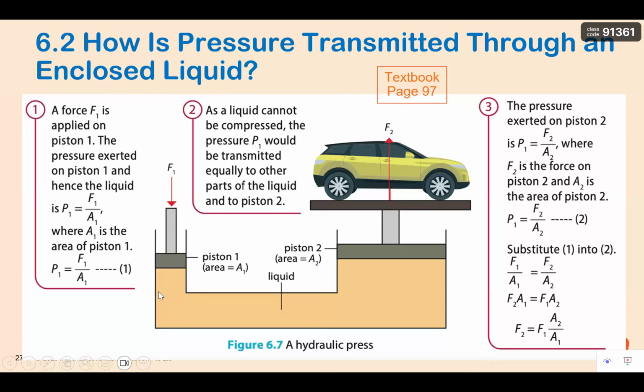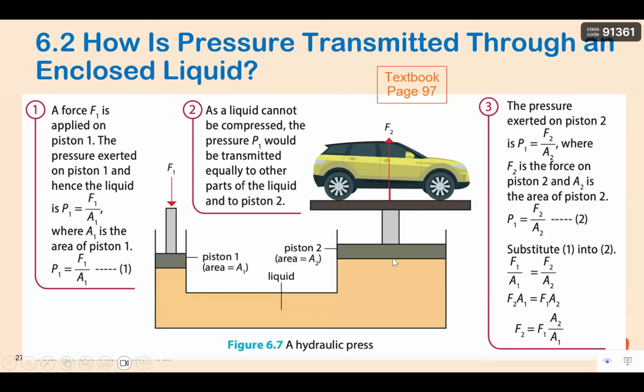The pressure will also be transmitted equally in all directions throughout an enclosed liquid. So the pressure here, P1, will be the same as here, here, and here. All the pressure will be the same.